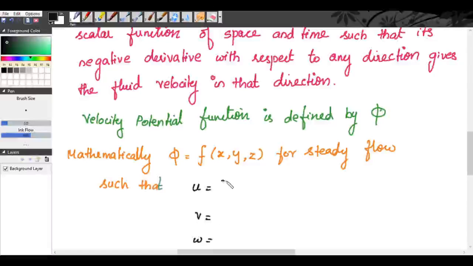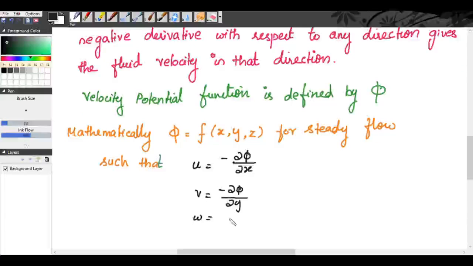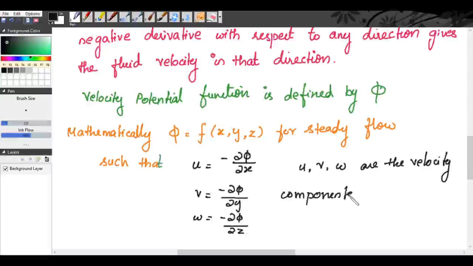So minus dou pi by dou x will give you u, minus dou pi by dou y will give you v and minus dou pi by dou z will give you w. So u, v and w are the velocity components in x, y and z direction. We have already studied this.